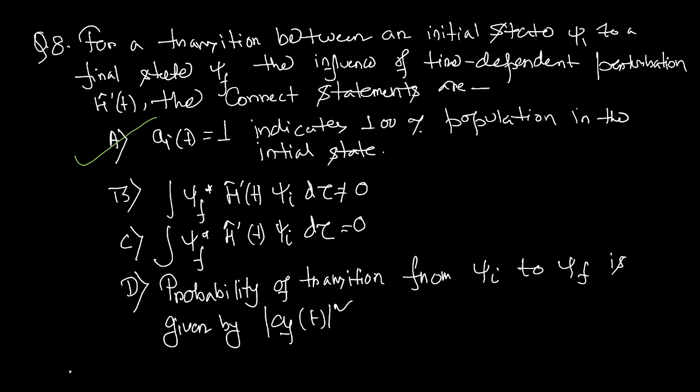If i is not equal to f, then it's always a non-zero quantity, otherwise there is no meaning of having a perturbation or excitation. Now the probability of transition from psi i to psi f is given by a_f squared.